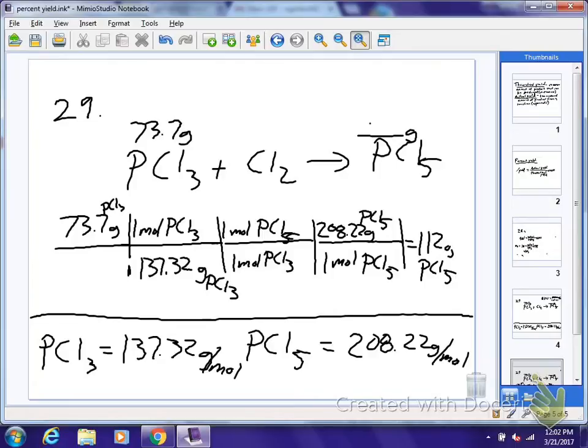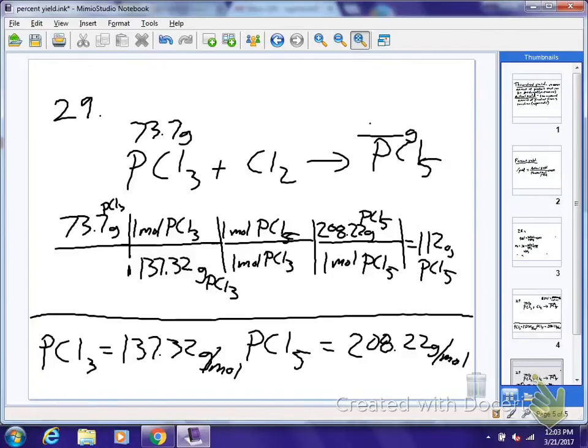Some students are always just putting 1 to 1, no matter what the numbers in front are. You can't get into that habit. This one's 1 to 1 because that's what the ratio is. So we have 112 grams of PCl5. That is the theoretical.